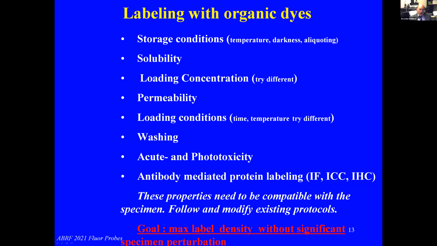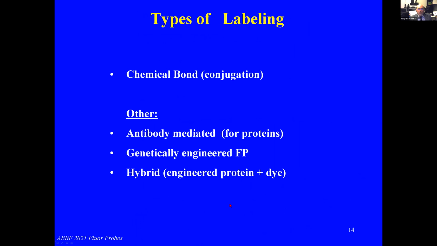And here, our goal is to achieve maximum label density without significant perturbation of the specimen. So briefly, types of labeling can be either chemically bound or antibody-mediated, genetically engineered fluorescent proteins, or hybrid type.